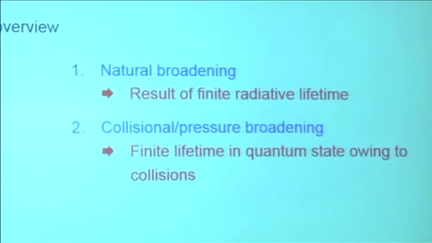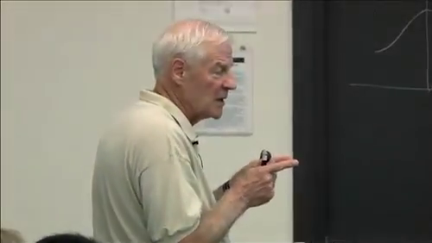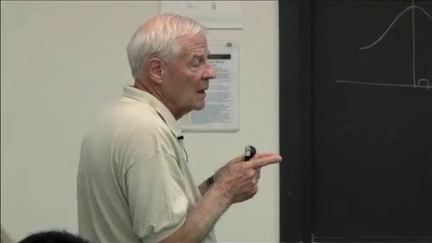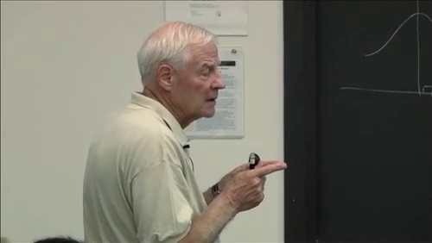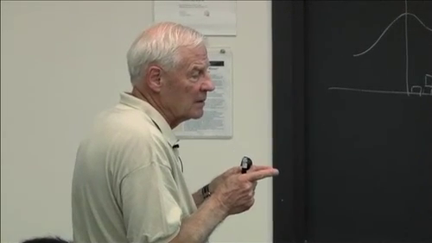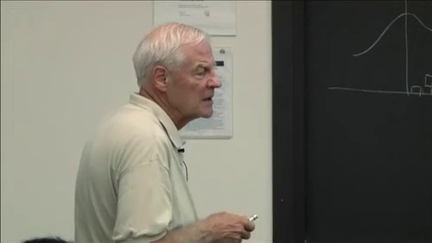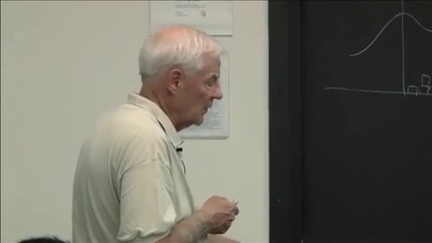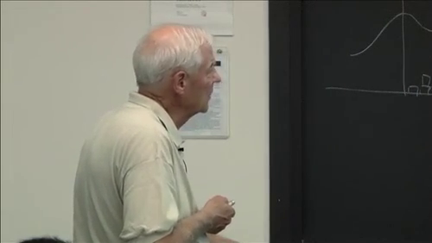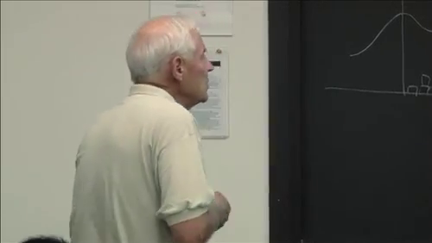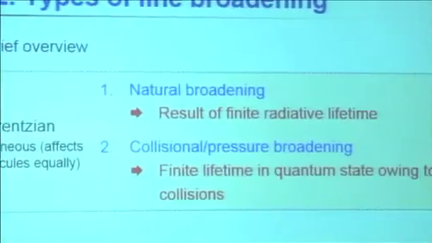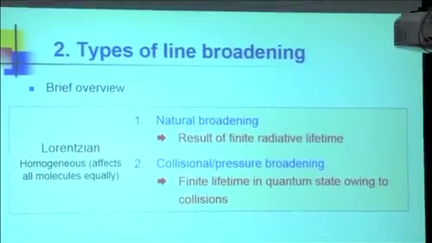When you increase the pressure, you increase the collision frequency, you decrease the time that it spends before it has a collision, and that brings with it an uncertainty or fuzziness in the energy of that state, and therefore results in line broadening.